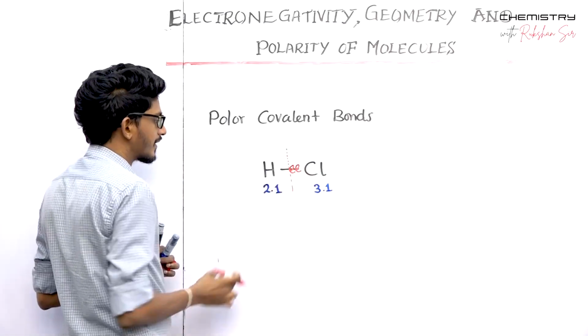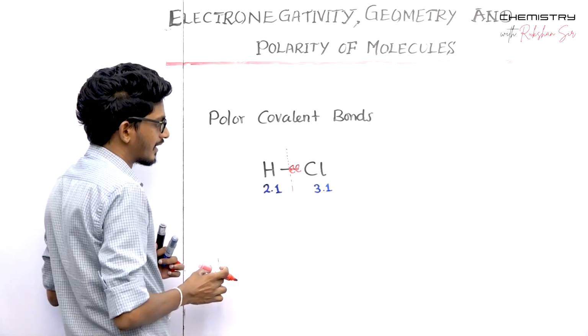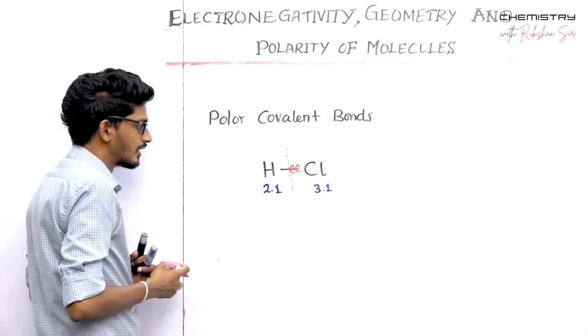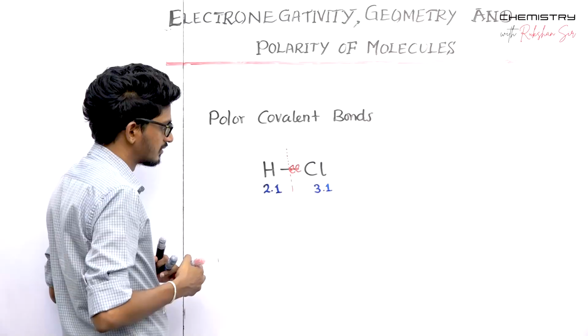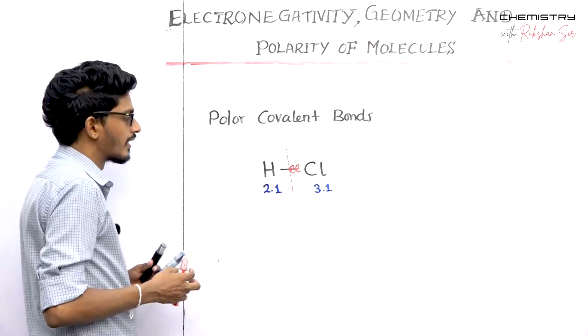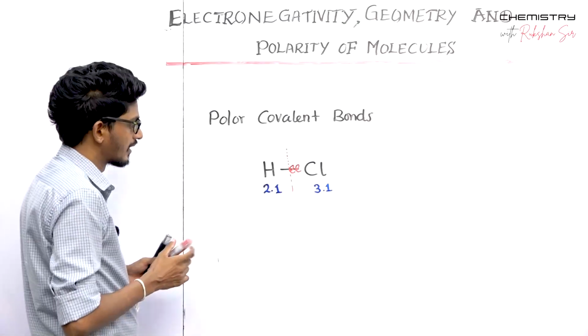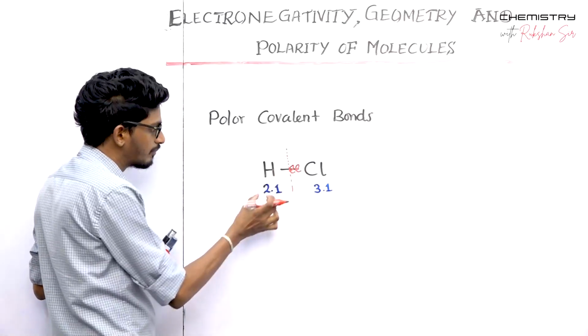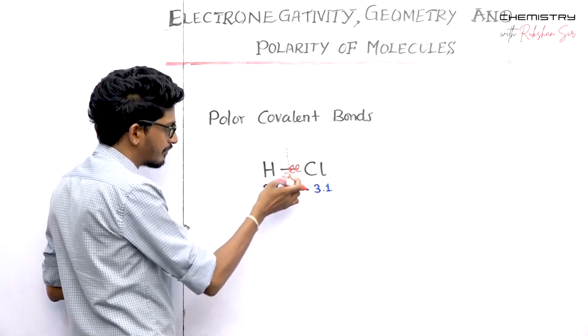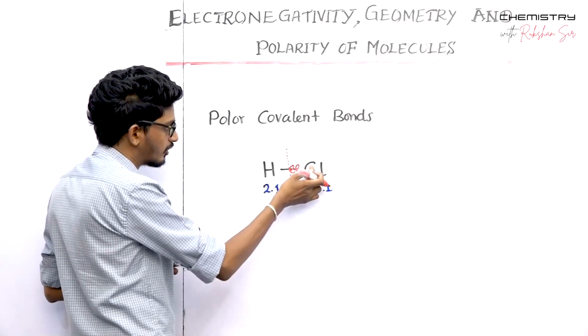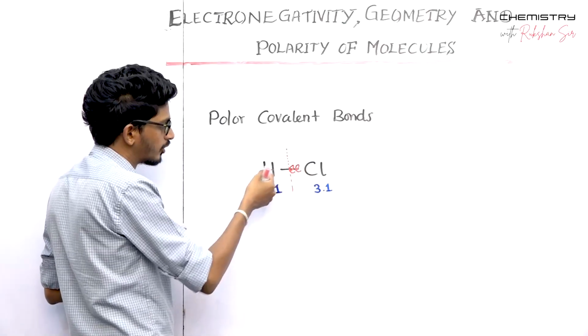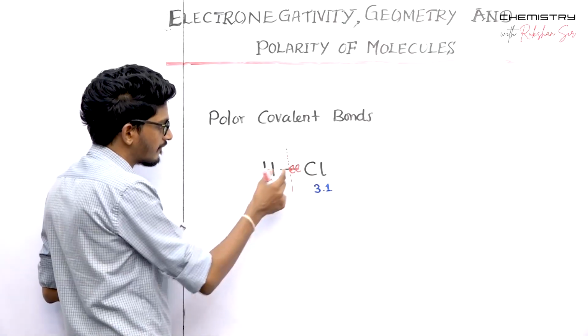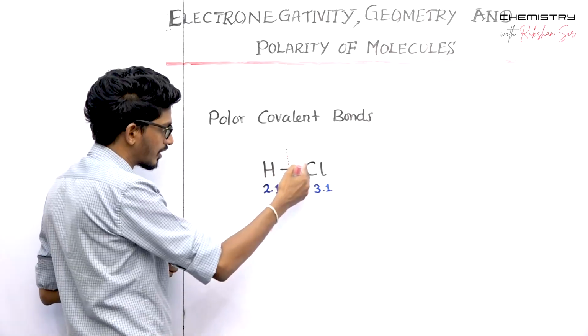So the two electrons occupy the space between the H and Cl like this, not at the center. So we can say there will be a higher electron density at the chlorine side and a bit lower electron density at the hydrogen side in this bond, because the electrons are more towards the chlorine.